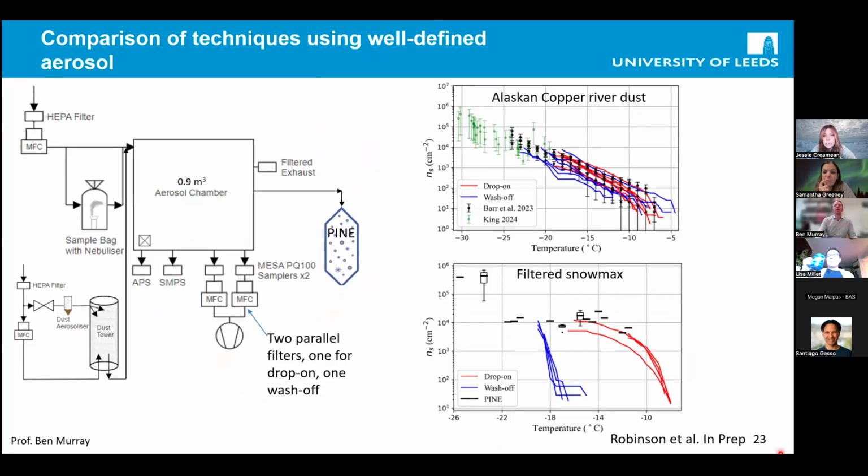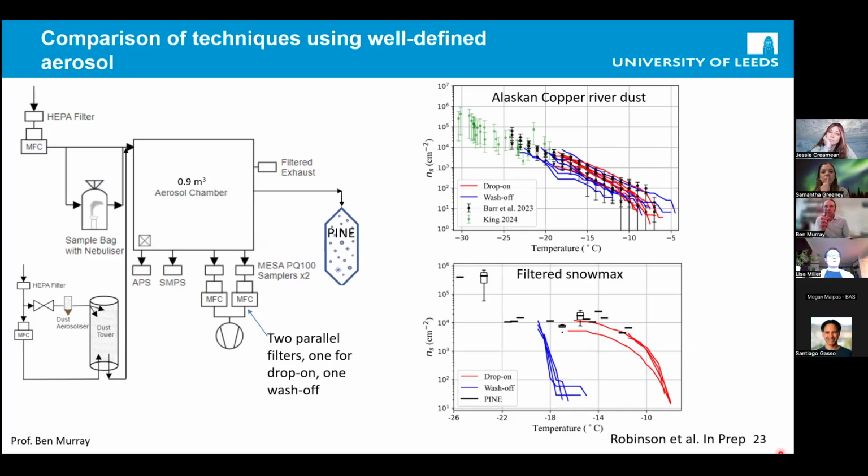So there's a distinction here, and I didn't put all the figures in to really tell the full story. This is specifically for filtered SNOMAX suspension. So this is where we've taken the SNOMAX and we filtered it, so we've taken out all of the cell fragments and the bigger stuff, big aggregates and what have you.